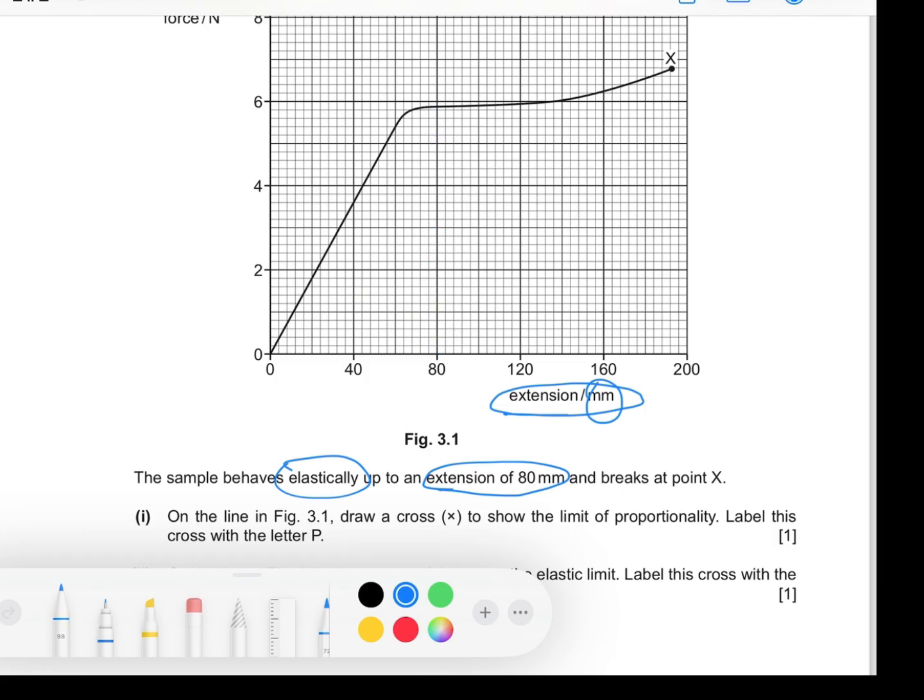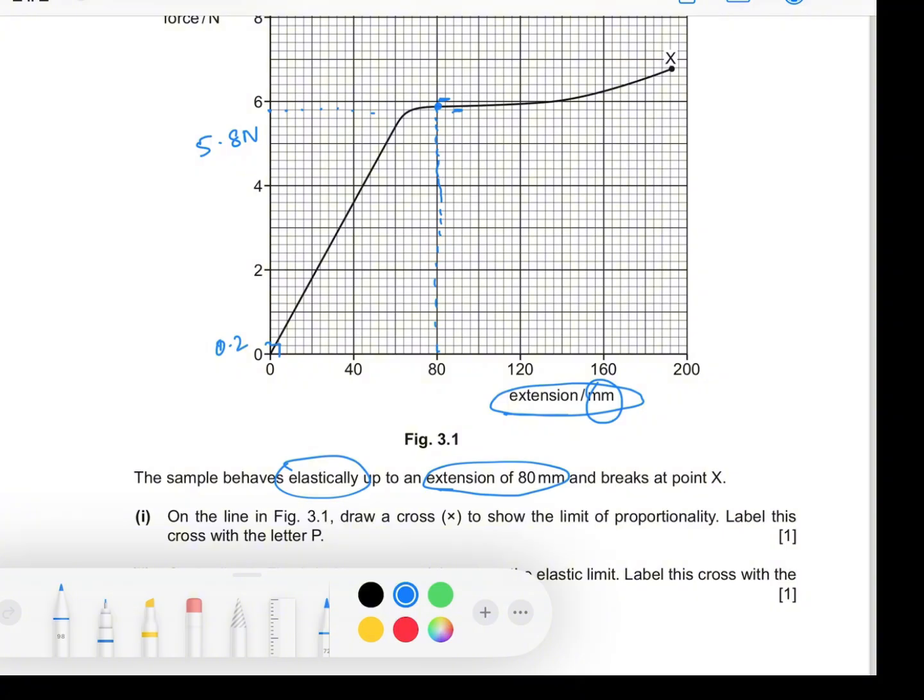Let's make it easier for ourselves and find the y coordinate of this point right now, since we'll probably need it later. It's halfway between 6 Newtons and this point here. Let's find out what the smallest unit of the graph represents in terms of force. That's 2 divided by 10, which means the smallest unit is 0.2 Newtons, which will make this 5.8 Newtons.